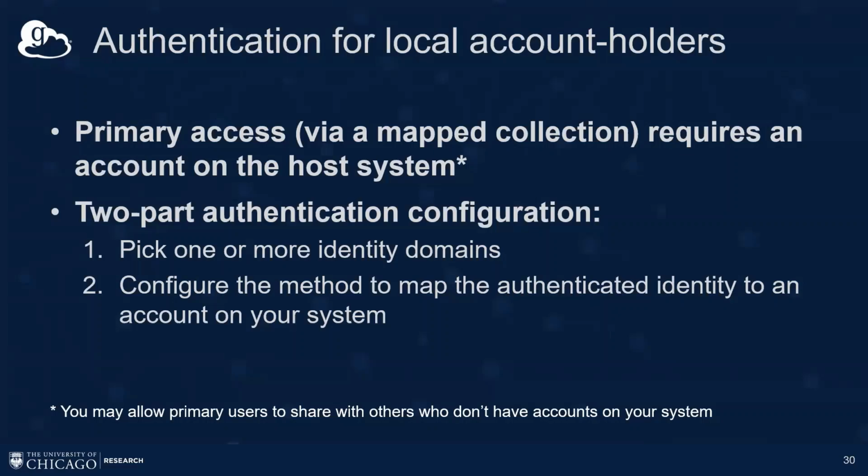So that's one, and you allow the domains of identities that you permit on your system, and then you also need to configure the method to map those identities to a local account.